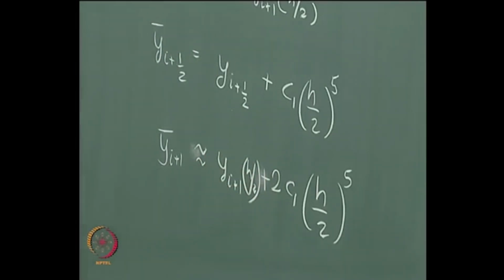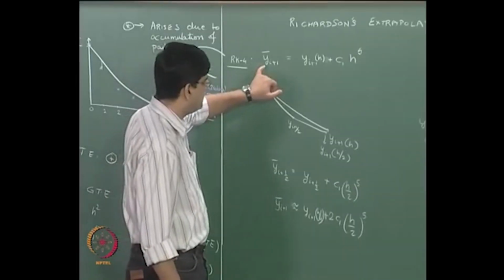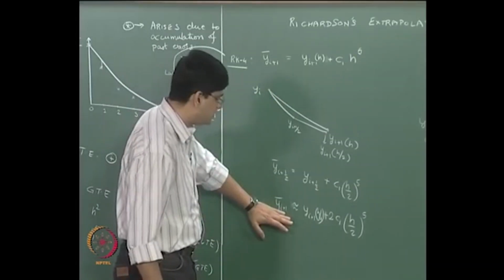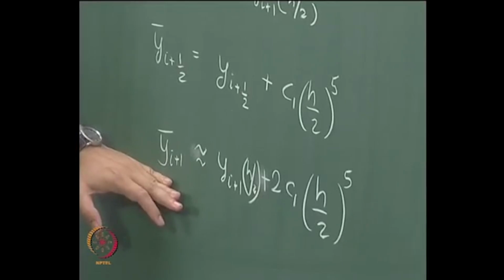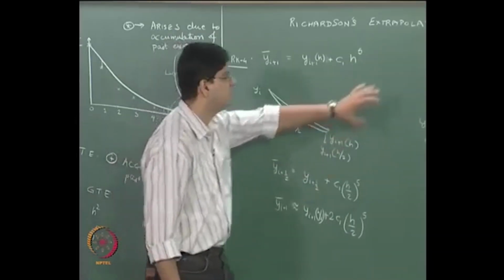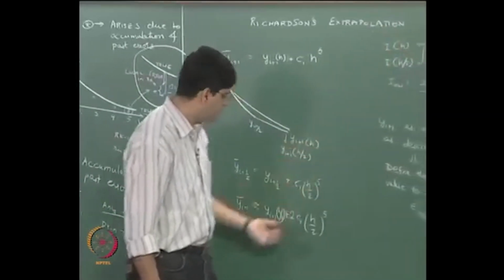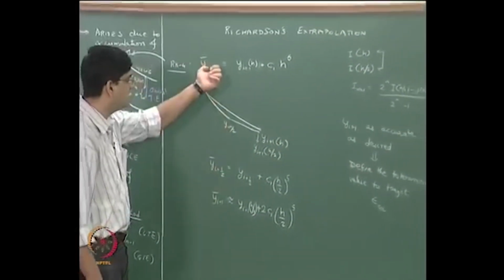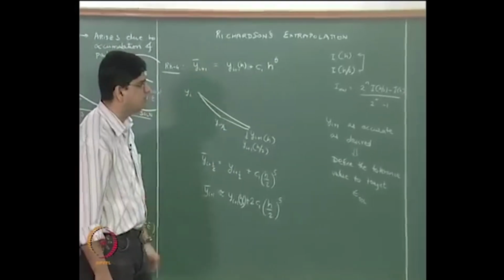As we had done before, we will multiply this equation by 2 to the power 4, not 2 to the power 5, just as we had done in the integration method, and then subtract this equation from this equation.